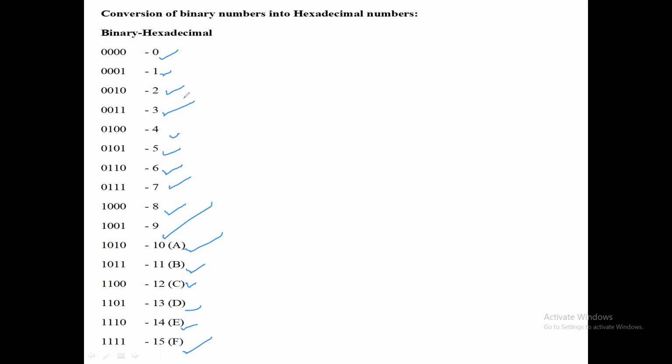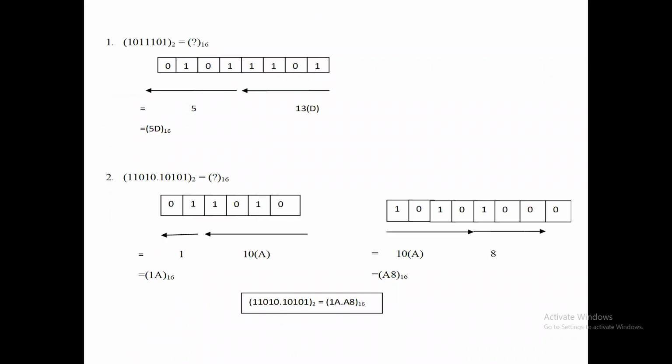If you remember these 4-bit representations of 0 to 15, then you can easily convert any given binary number into a hexadecimal number. The difference between binary to octal and binary to hexadecimal is that in binary to octal we use 3-bit groupings from right to left, and in binary to hexadecimal we use 4-bit groupings from right to left.